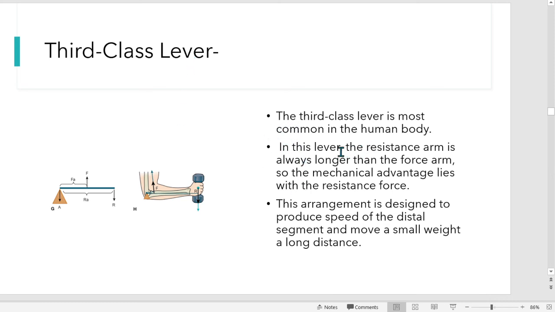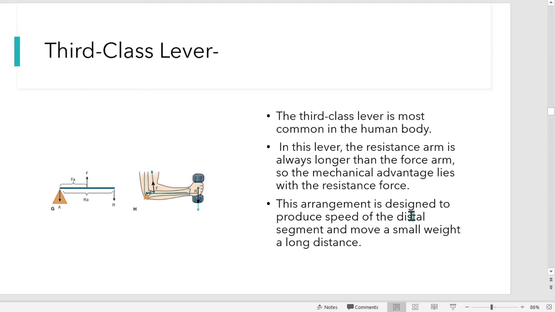In this lever, the resistance arm is always away from the fulcrum, which means the resistance is on the other end and the force is in the middle. So here, less load, greater effort, because the longer the lever arm, the greater the effort needed in order to move that object.